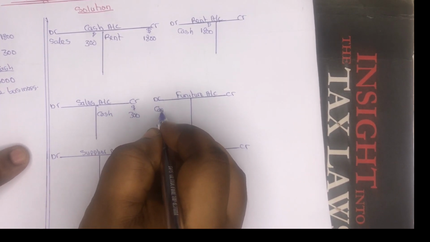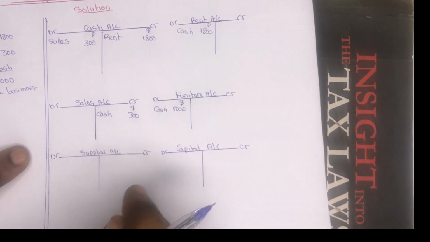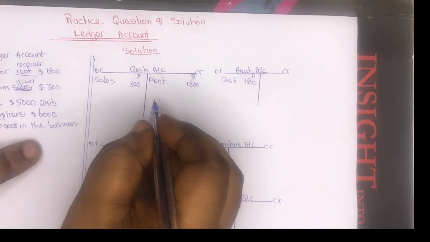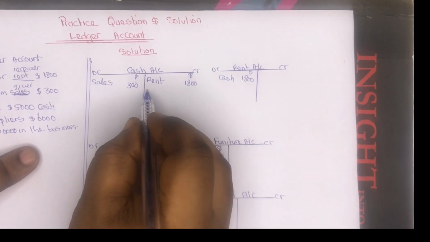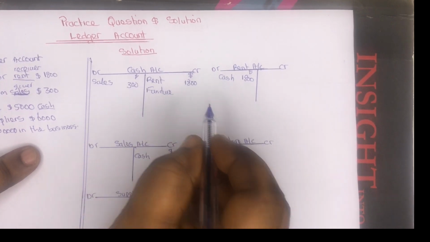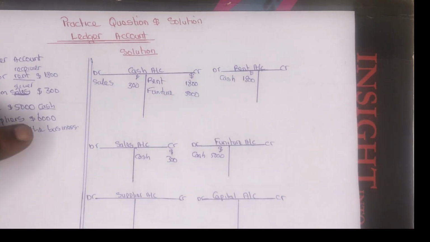So we write here cash of $5,000, and we go to the cash account. In the cash account, we write furniture, the description is furniture, $5,000.